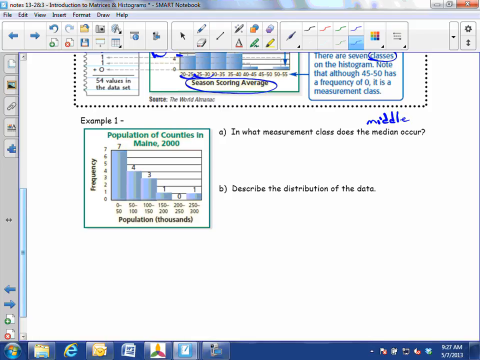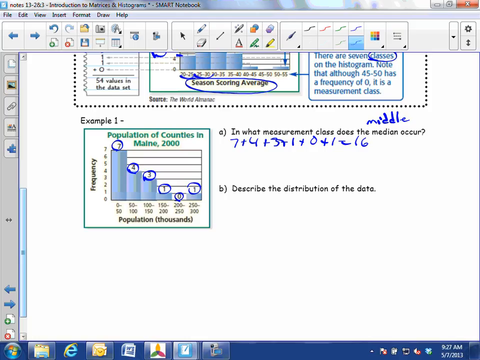In order to do that, we have to figure out exactly how many we have. Well, they're telling us already here. There's 7 in this group, there's 4 in this group, 3, 1, 0, 1. So let's add them all up to figure out how many numbers we have. 16. Is it 16? Okay, so there are 16 numbers altogether. How can I find the middle one?